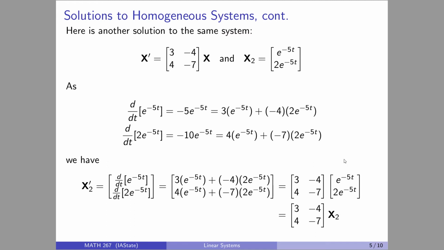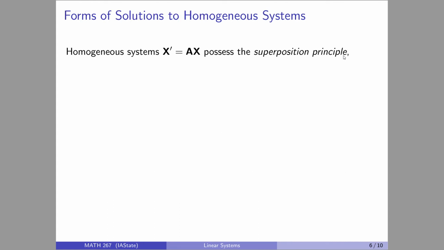So when you're looking at homogeneous systems, here I've made two completely different solutions. It's a 2x2. I have two different solutions. What do I want to do when I make multiple solutions? I want to scale and add them up.